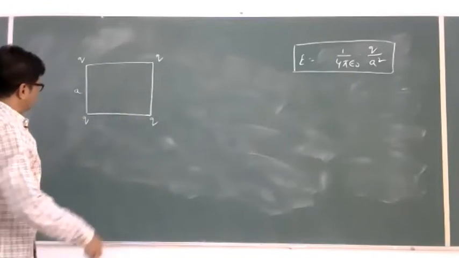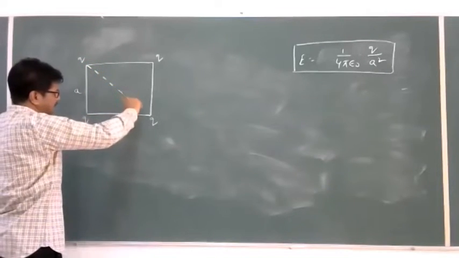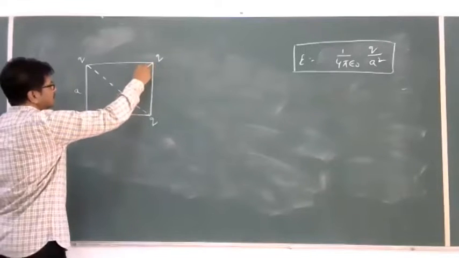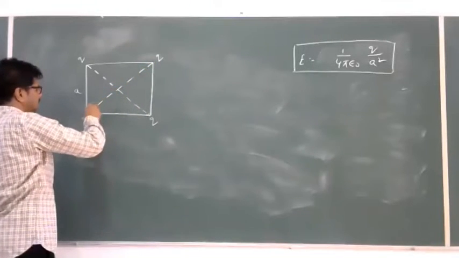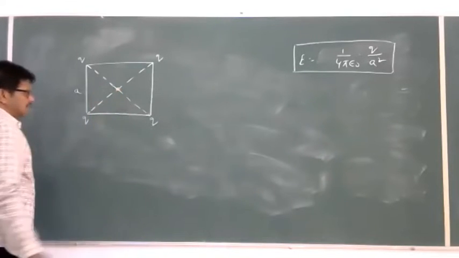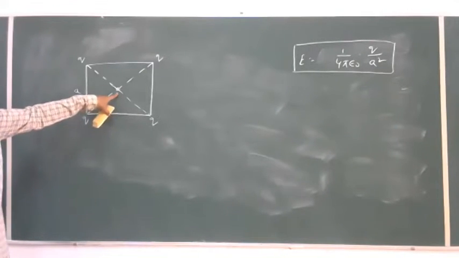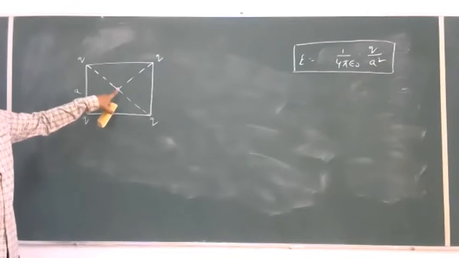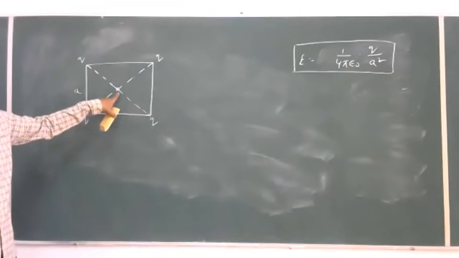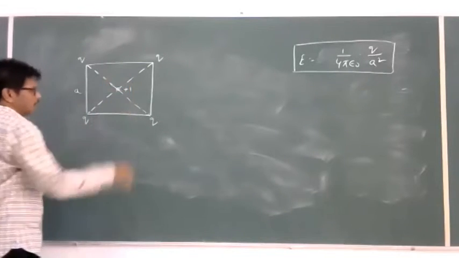I would like to find the resultant electric intensity at the center of the square, the point of intersection of the diagonals. Wherever we want to find the electric intensity, we need to imagine one unit positive charge. So here I am imagining one unit positive charge.